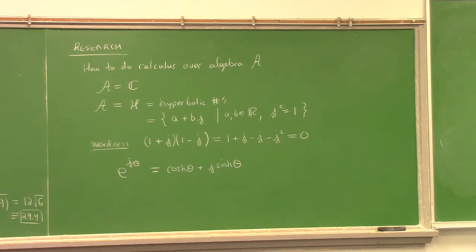But in contrast to the complex number system, you can write anything in the polar representation. We're good anywhere, right?